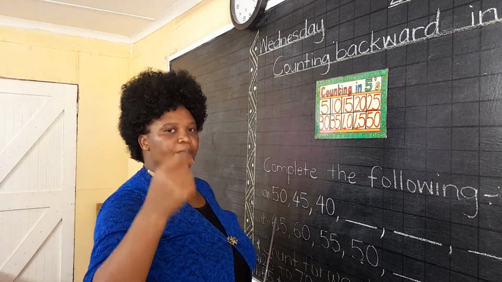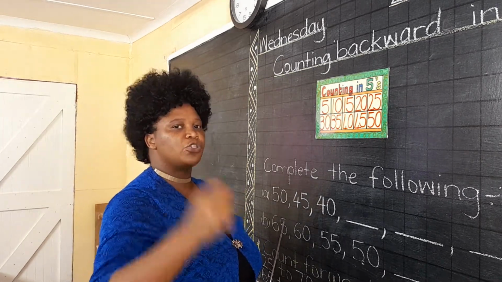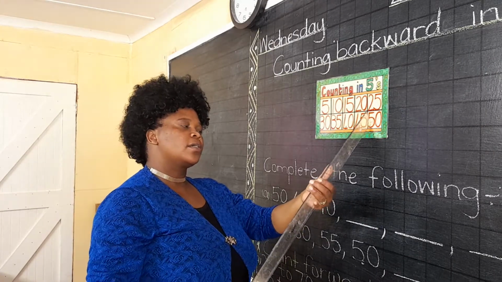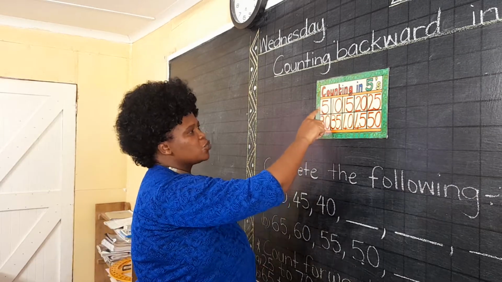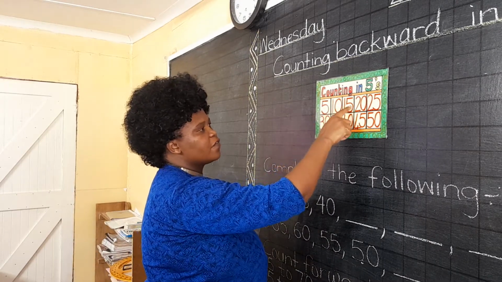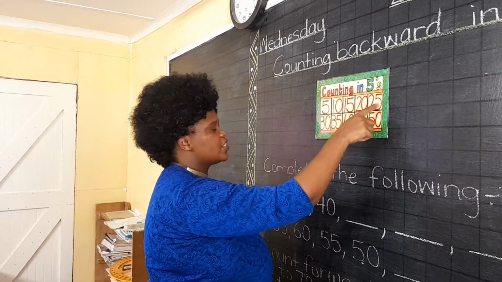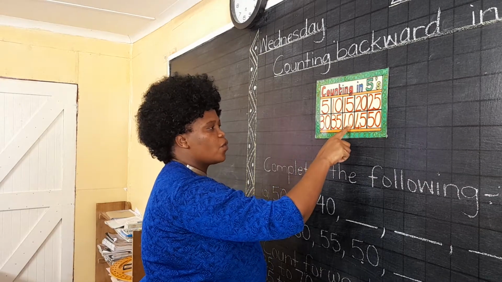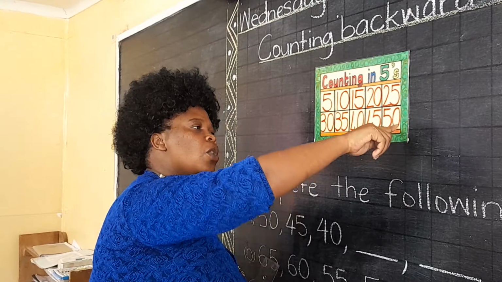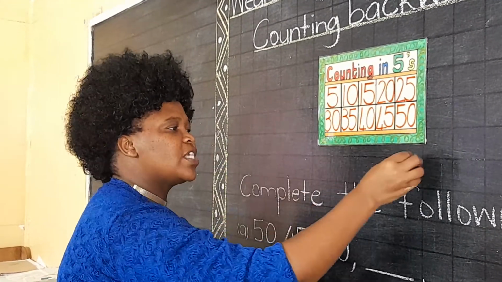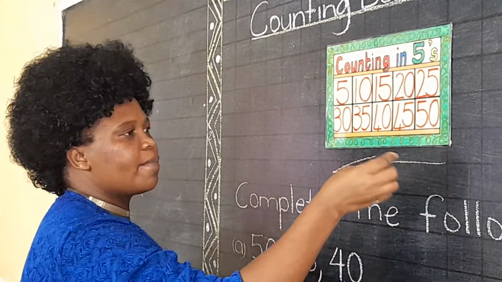When we are counting backwards, remember I told you we are moving backwards. Now it means as we went from 5, 10, 15, 20, 25, 30, 35, 40, 45, 50, when we're going backwards, we're moving back. We're taking this direction, we're going back.